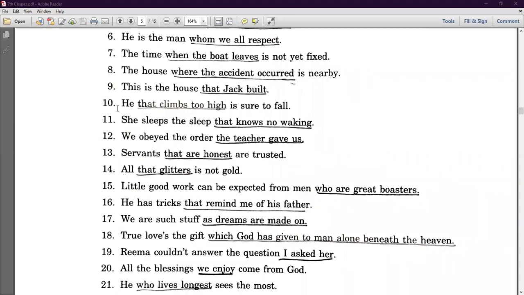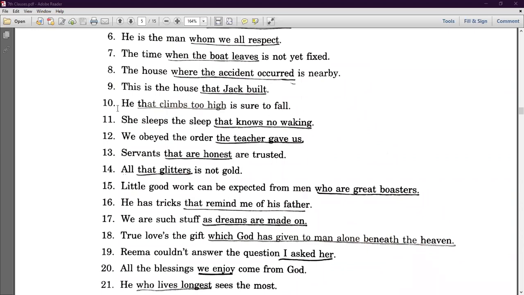Vikas Godara. Yes. Good morning, ma'am. Good morning, dear. Ma'am, what is the meaning of athlete? Say again, beta. Ma'am, what is the meaning of athlete? Spell it out. Tell me the spelling. Ma'am, athlete.